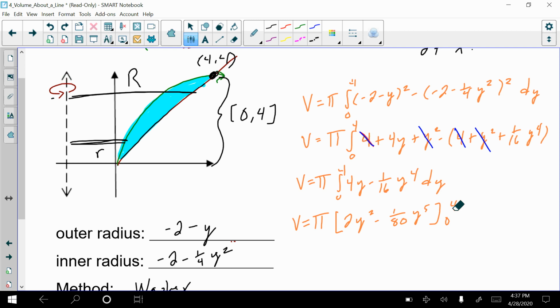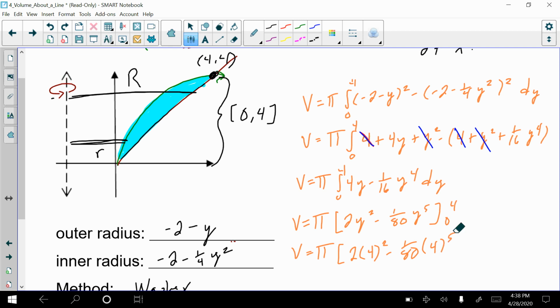And now you can start doing your plugging and chugging and see what the arithmetic gives you. So we have 2 times 4 squared, and minus 1/80 times 4 to the 5th power.